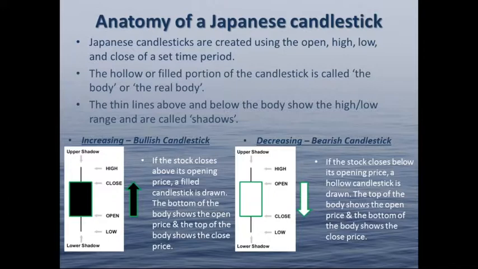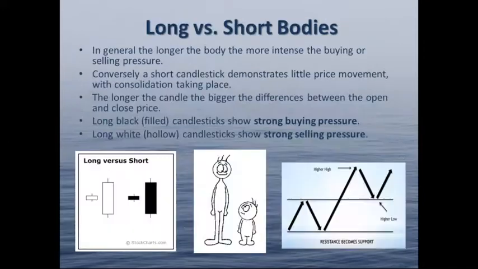Again, you can see the examples on the screen of both an increasing bullish candlestick, which would be black on your MT4 platform, and a decreasing bearish candlestick, which will be white, or sometimes referred to as hollow. If you notice, the open and close are inversed on those. So look out for those in the slides coming up.